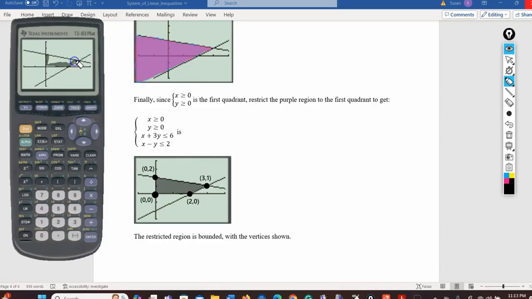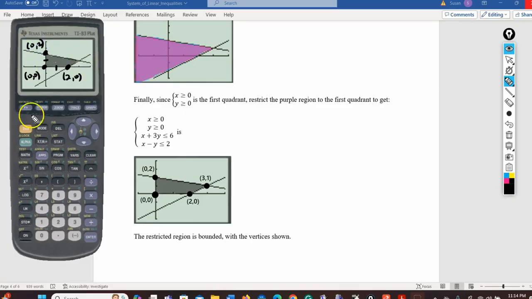Now, when you have an enclosed region like this, you're going to need to know the vertices, corner points. Now, it's easy to see this corner point is the origin. It's also easy to see that this point here is 2, 0, and this point here is 0, 2.